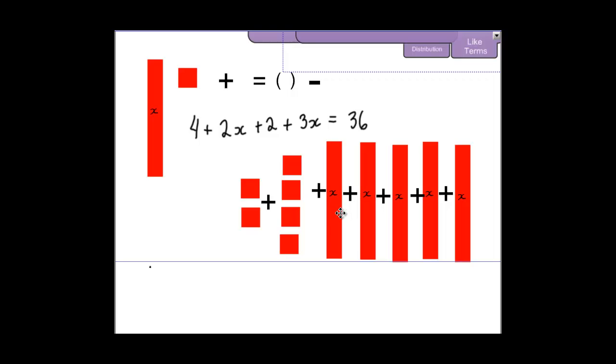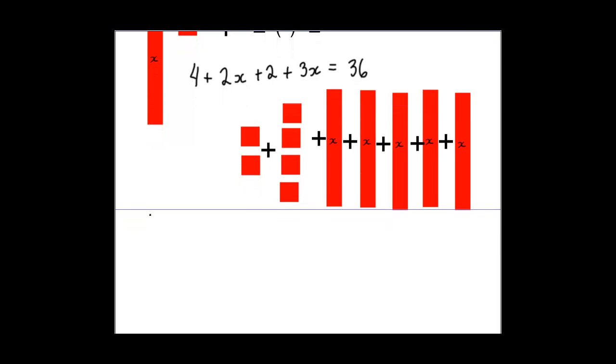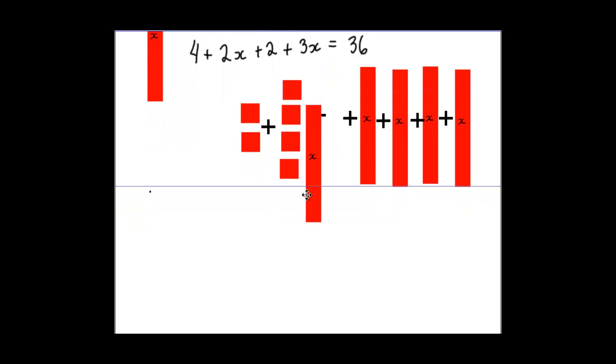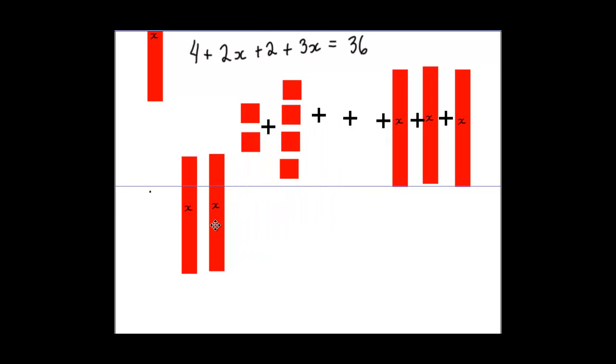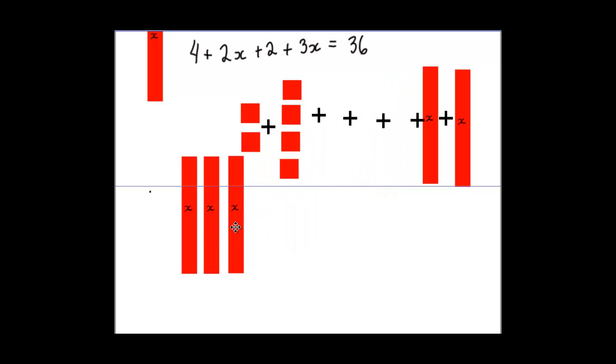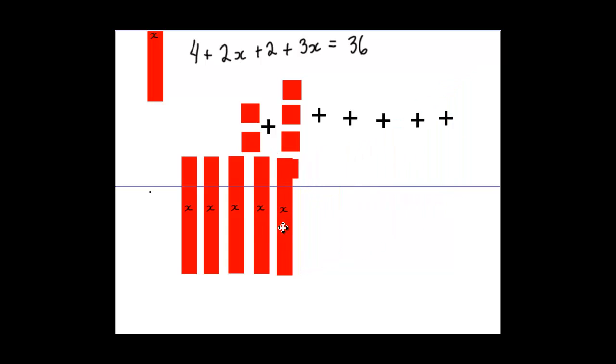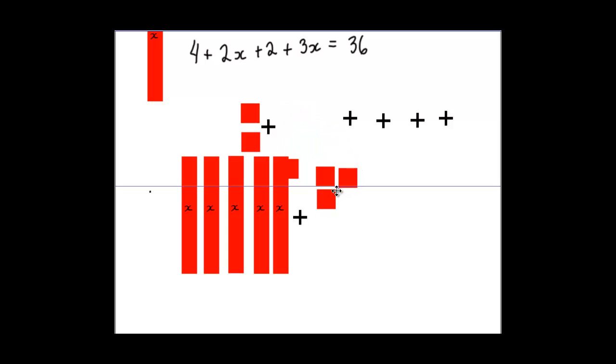Essentially what I have is 1x, 2x, 3x, 4x, 5x, plus 1, 2, 3, 4, 5, 6.